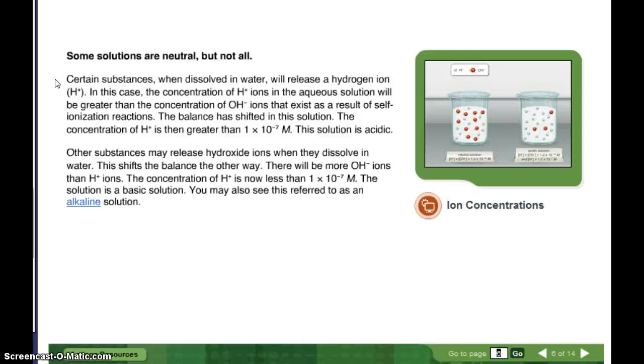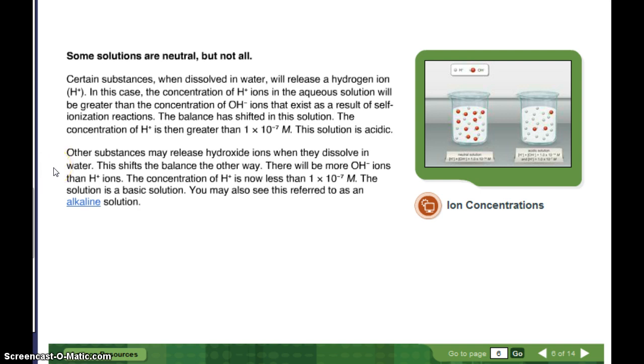The concentration of hydrogen ions is then greater than 1 times 10 to the negative 7th molar. The solution is acidic. So if you have more hydrogen ions, it has a concentration more than 10 to the negative 7th, because remember, negative 7 tells us it's neutral, a pH of 7, and that tells you the solution is an acid. Other substances may release hydroxide ions when they dissolve in water.